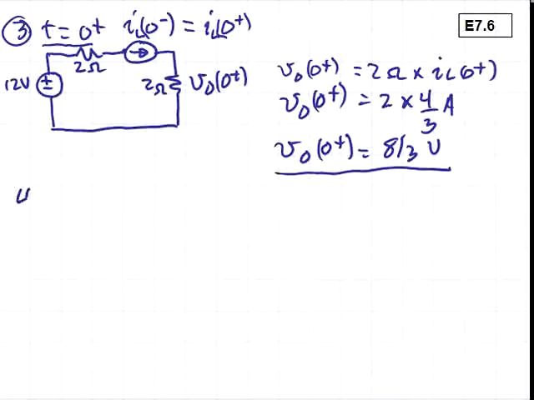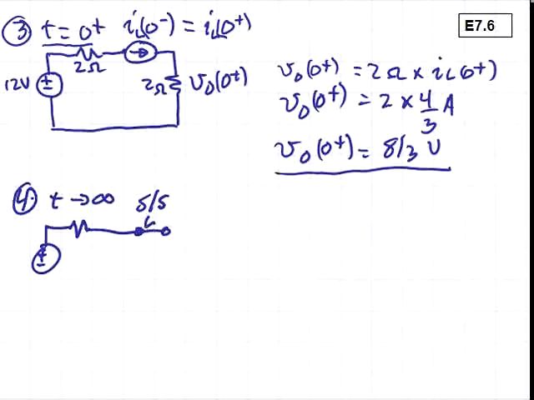Now, step 4 in the step-by-step procedure will be to consider the circuit behavior as t goes to infinity. This will be a steady state situation again, and the equivalent circuit for that time will be the inductor again behaving as a short circuit, and recall that the switch is open, so we do not have the central branch involved in this time period.